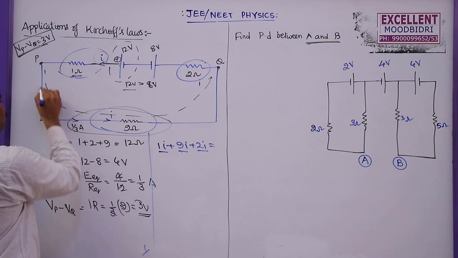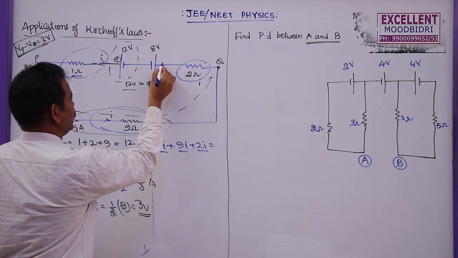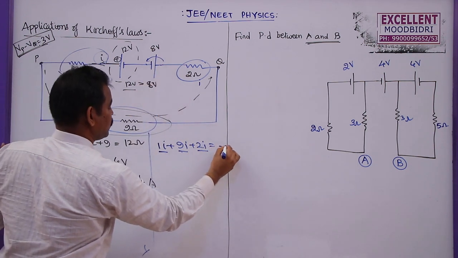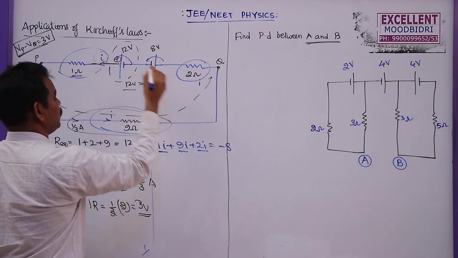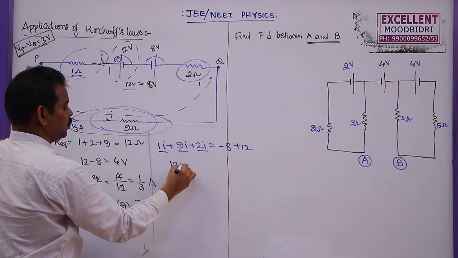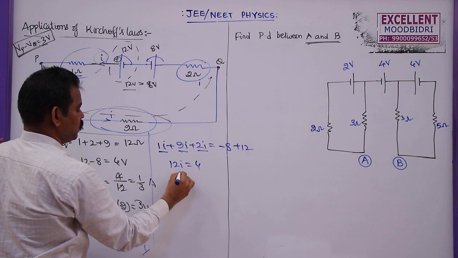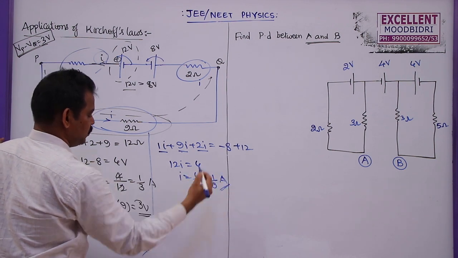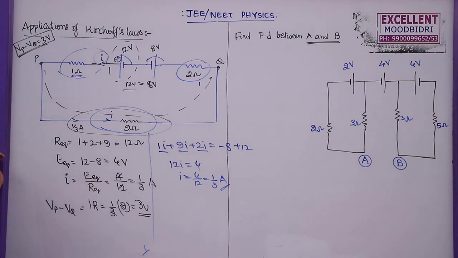Now if you start from this point, there are no batteries, but as we are jumping here, it is losing minus 8 and here it is gaining plus 12. So this will be 9 plus 1 plus 2, 12 I is equal to 4, I is equal to 4 by 12. This is 1 by 3 amperes. This is the current that is passing through this one.